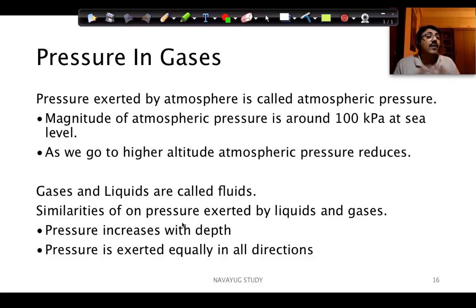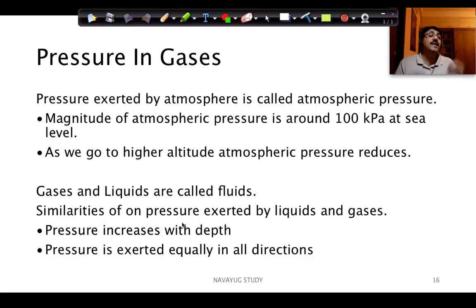So when the vertical height of liquid or gas increases, what happens to the pressure? It increases. When the density of the liquid is higher, what happens to the pressure? Think and answer.